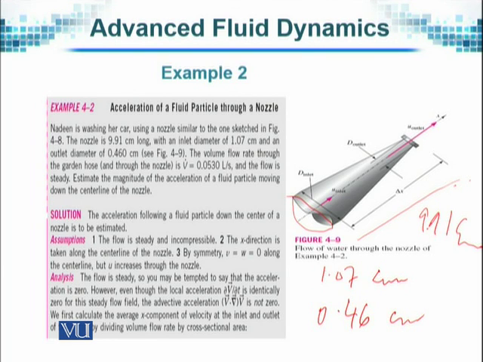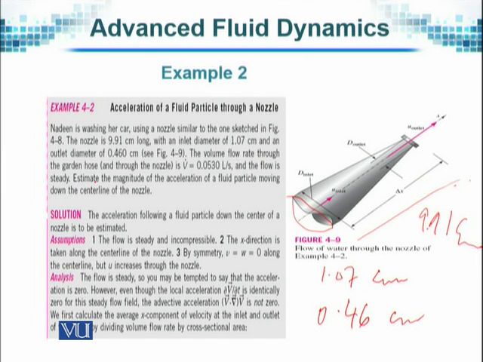So there is a change in velocity over a certain distance or time period. We also assume that the flow is incompressible, because water is known to be incompressible. And the x direction is taken along the central line of the nozzle, as given.